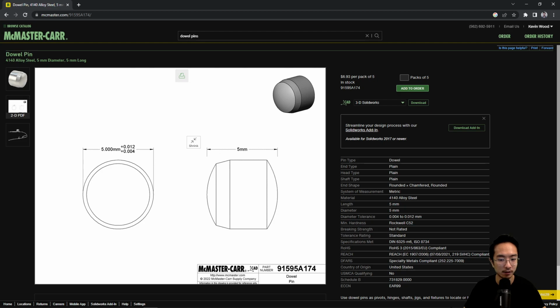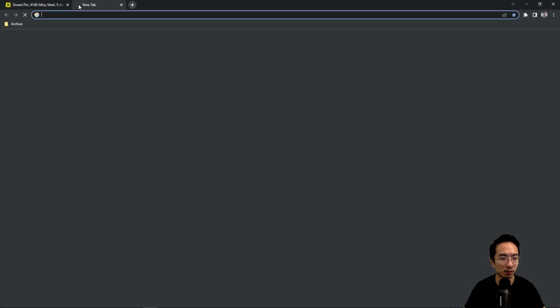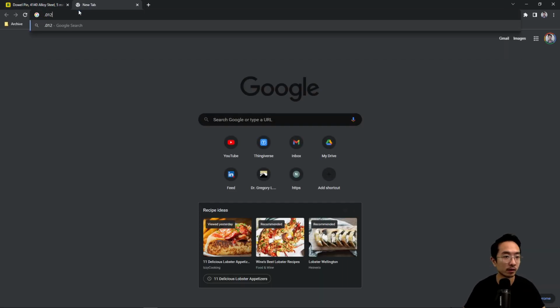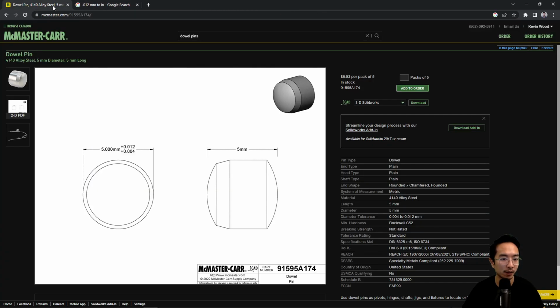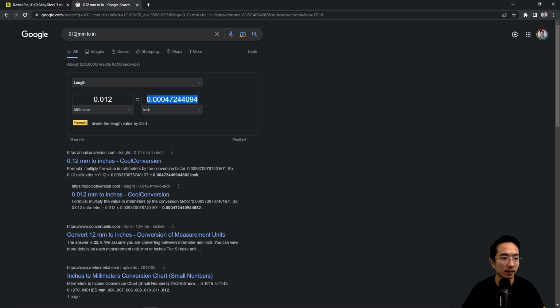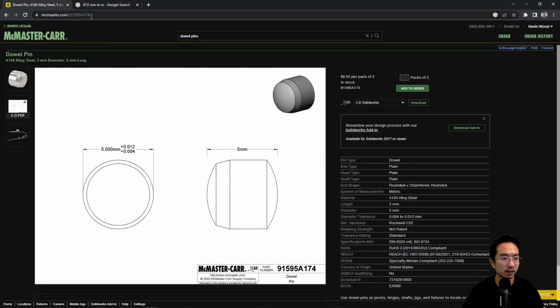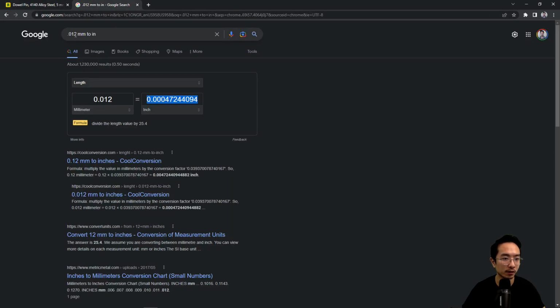So if we say 0.012 millimeters to inches, you can see that's 0.004. So that's like half a thou up, and then the lower limit is 0.004, for example.